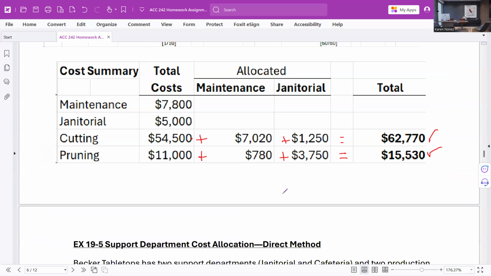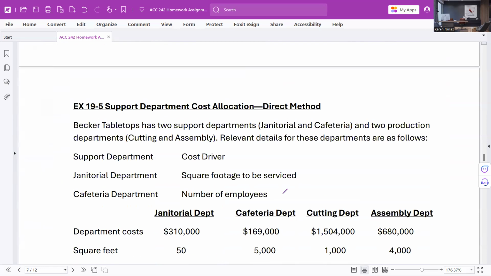Okay, let's continue with this direct method in exercise 19.5. So in 19.5, we're going to use the direct method to allocate the support department costs. So again, we've got a situation where we have two production departments and we have two support departments.